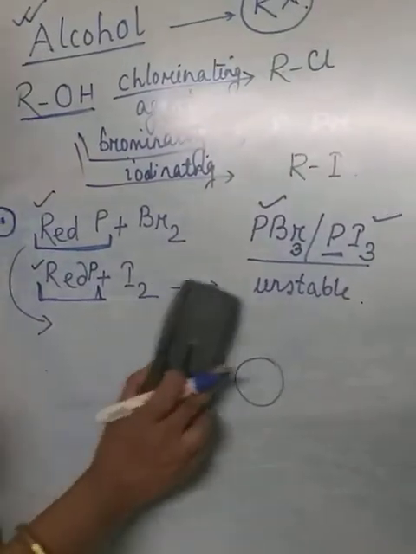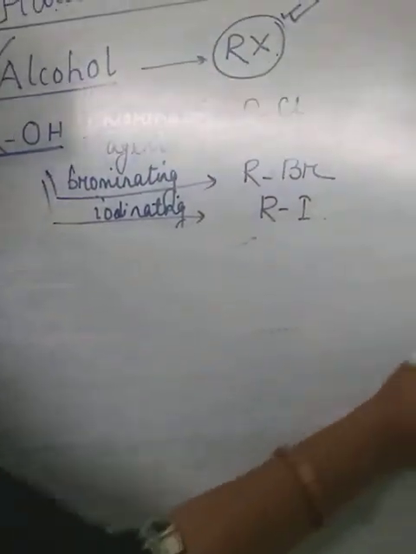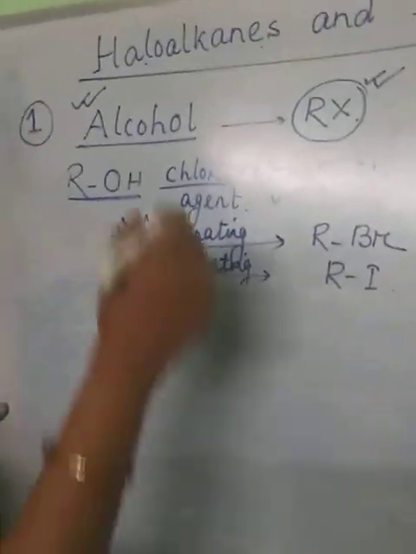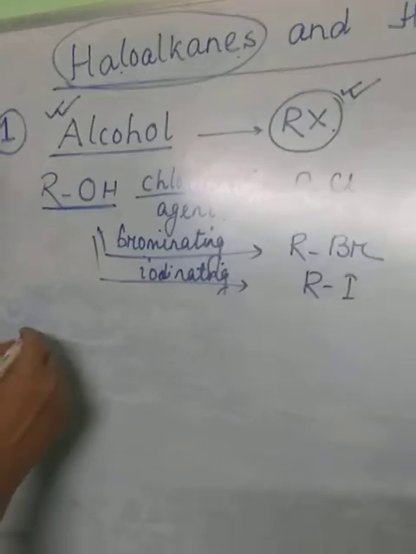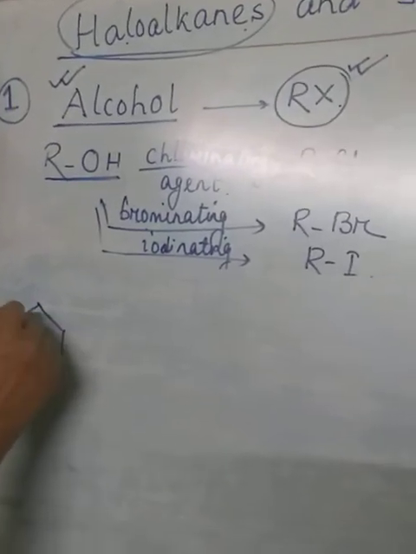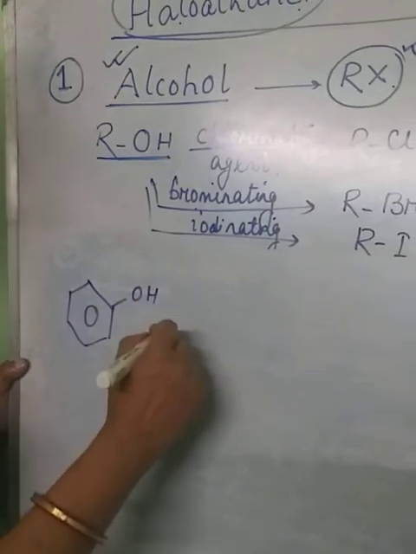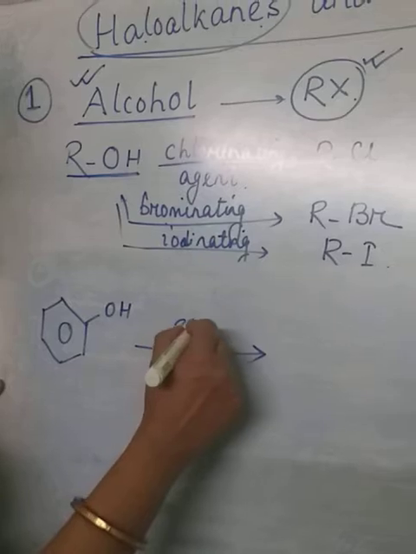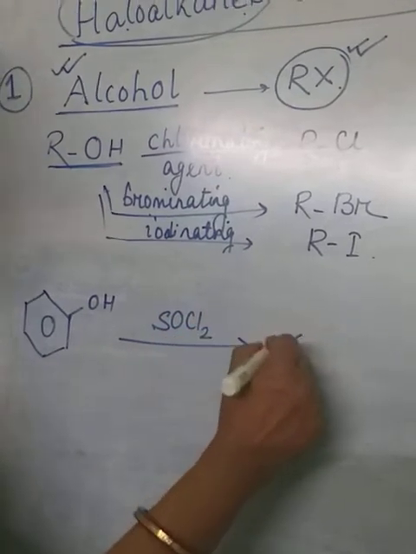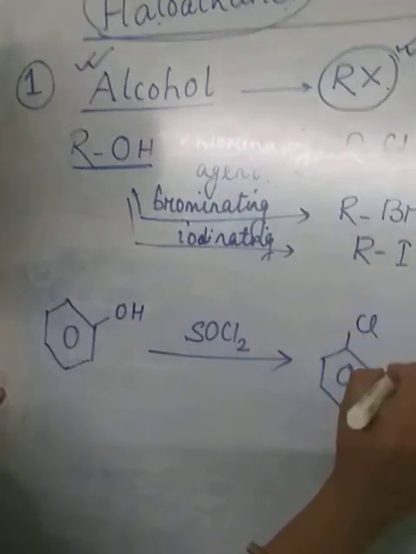Now, the next very important point is that this is a preparation, exclusively a technique, for preparing haloalkanes. In case we have phenol with all such chlorinating agents, even with the best chlorinating agent, we can't expect that chlorobenzene would be formed.